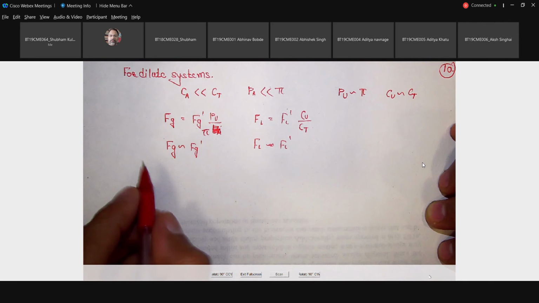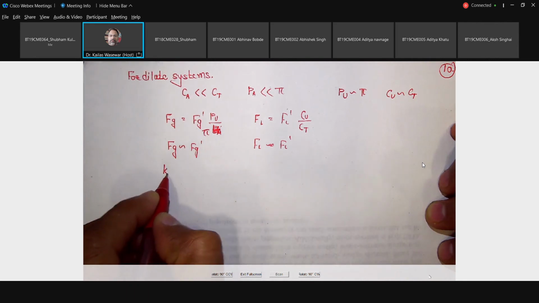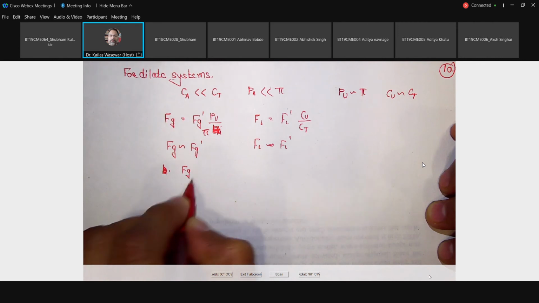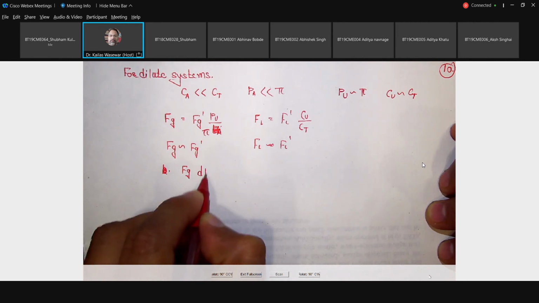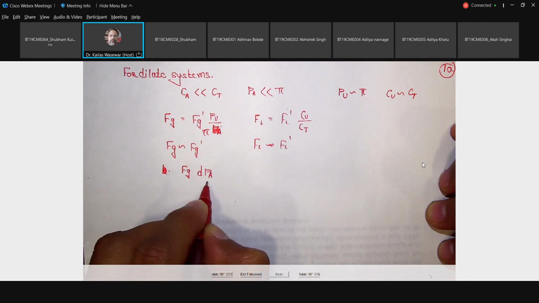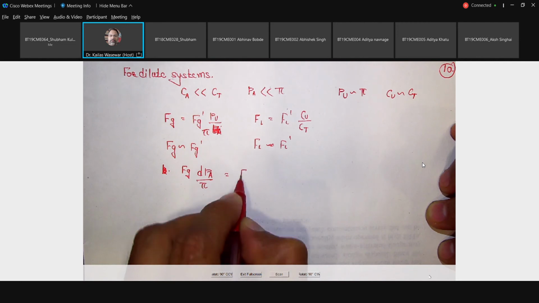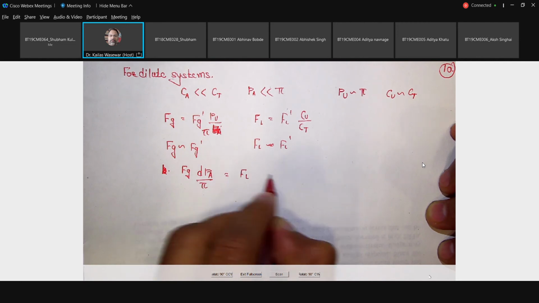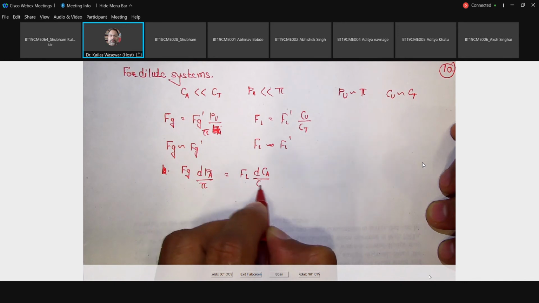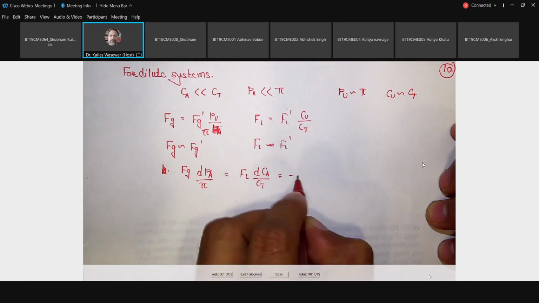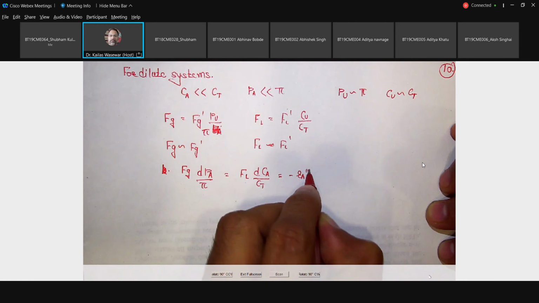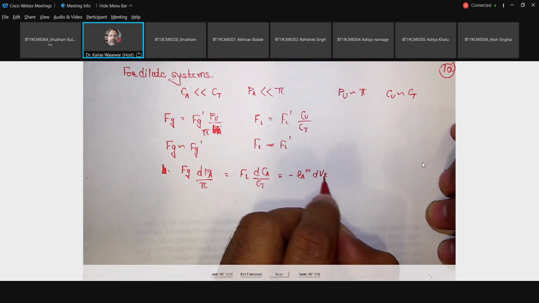If you recall that mass balance equation, we are writing Fg dPA. Instead of Y, we can directly write dPA upon pi, is equal to FL dCA by CT, and this is equal to minus RA dVL.